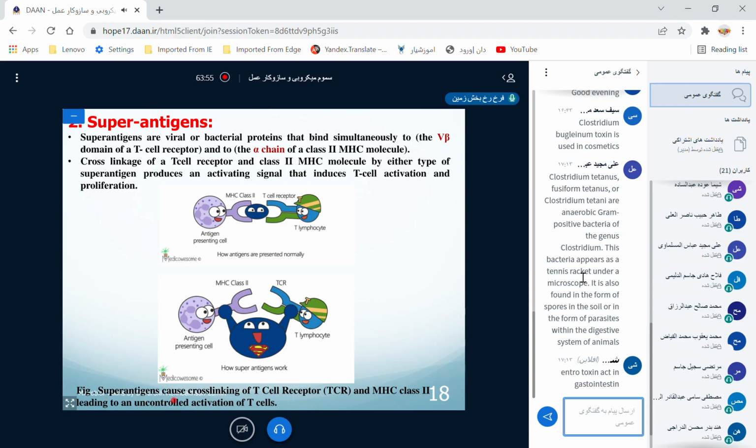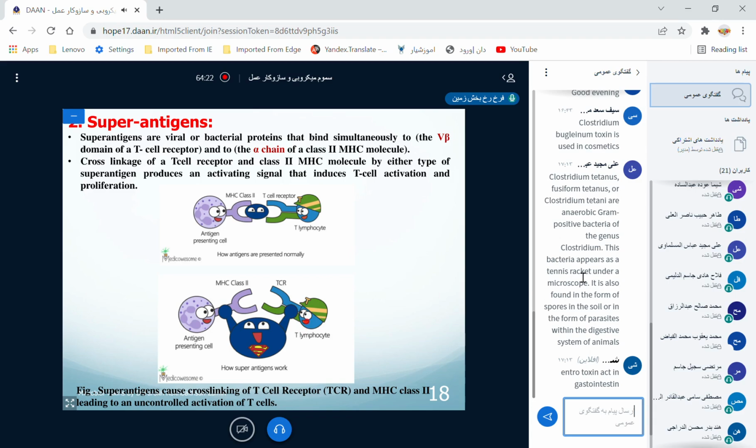Superantigens cause cross-linking of the T cell receptors, TCR, and MHC class 2, leading to uncontrolled activation of T cells.